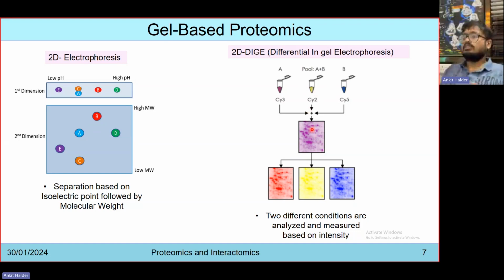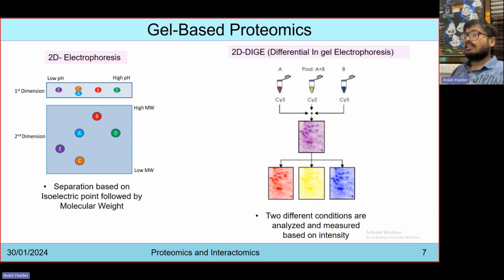Then all three samples are run in a gel. The major thing is that since we are utilizing different dyes, the Cy3 dye, the Cy5 dye, and the Cy2 dye, whenever we do fluorescence we measure at different intensities: the Cy3 dye gets excited at one wavelength, the Cy5 dye gets excited at a different wavelength, and the Cy2 dye at yet another.